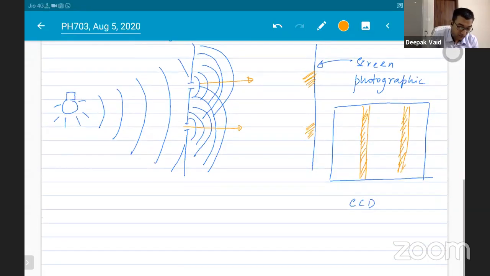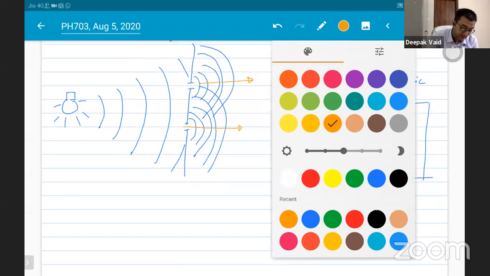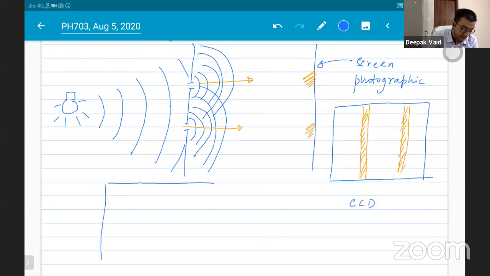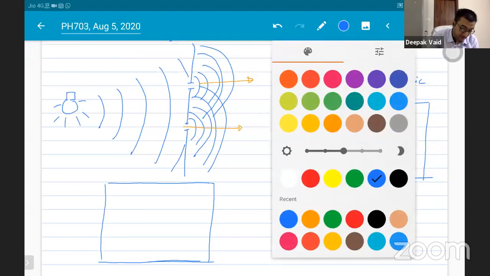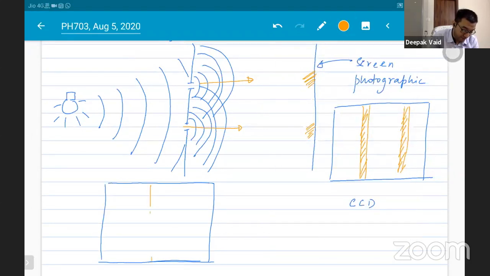But now what was actually observed is that if you have this screen, you get in the central region a bright central region. Then you get a region of darkness or less bright.